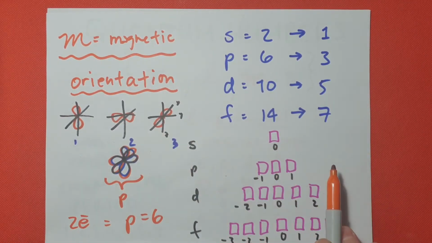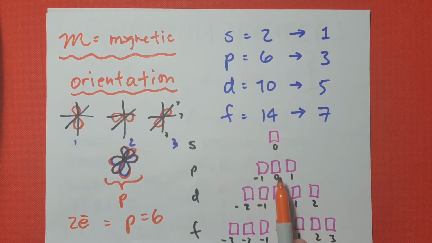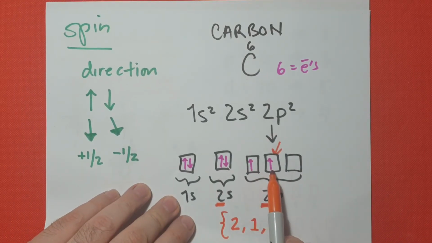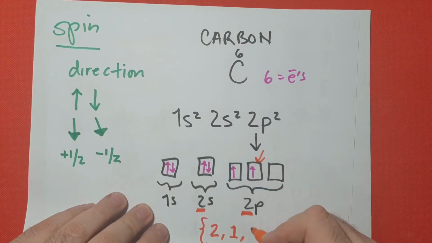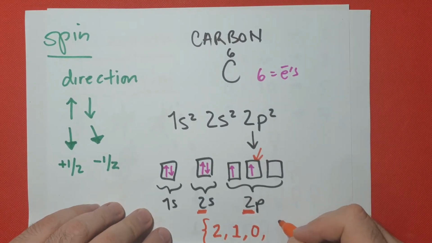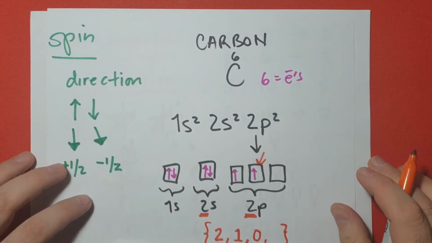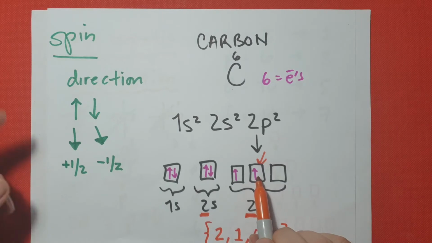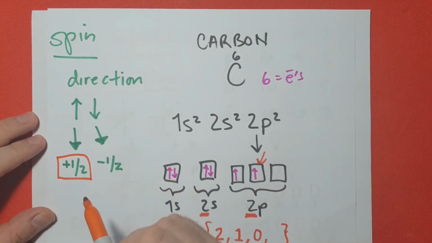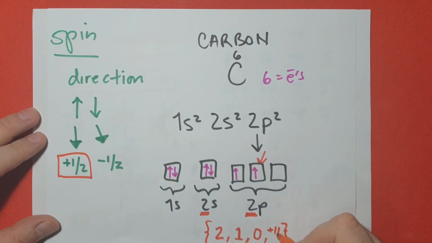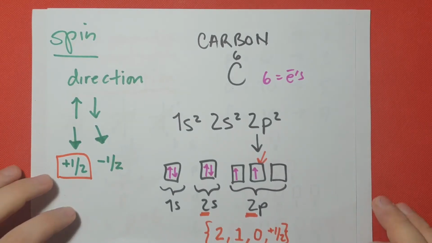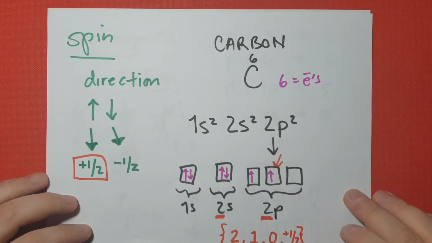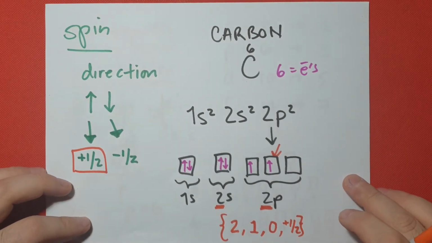We find the box we're on, and depending on the box we're on is the number we're going to grab. So here we're in the middle box, and the middle box is 0. So in this case, the magnetic quantum number is 0. And last but not least, the spin. The electron is pointing upwards, so pointing upwards we have a positive 1/2. And this is how we assign quantum numbers to the different electron configuration that we have, okay?